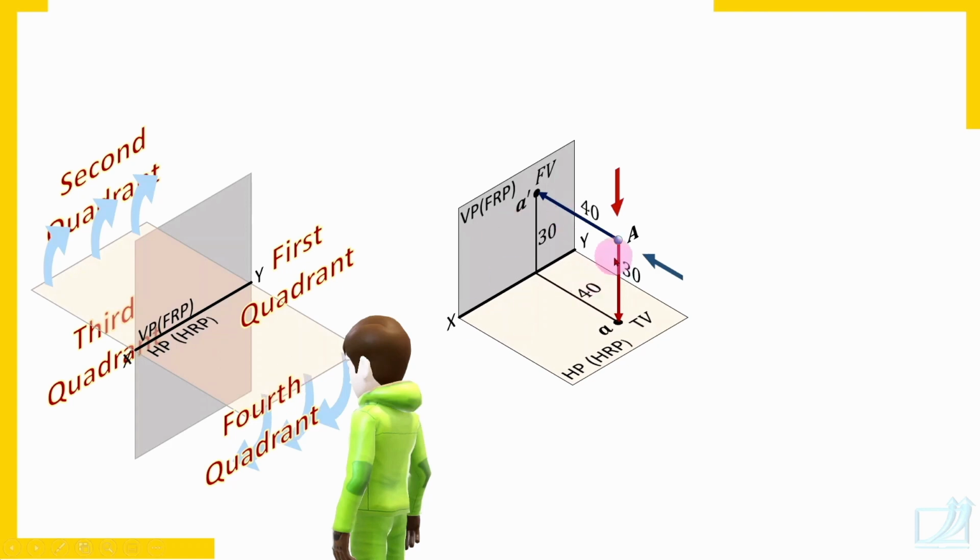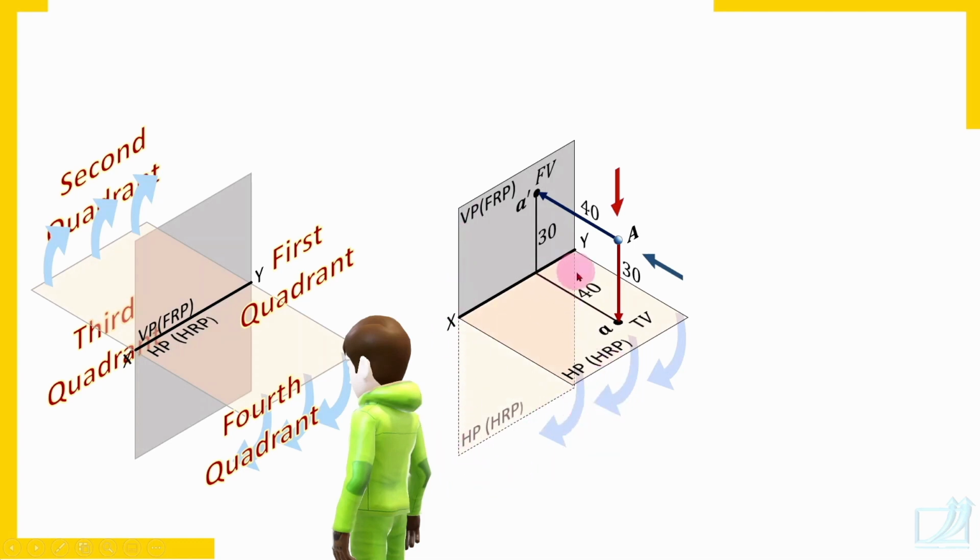Watch here. Point A is in first quadrant, and as I told you, first quadrant is imagined to be opened. So we'll open that first quadrant. So rotate this portion of HP about XY line so that HP moves and comes in the plane of VP. So this is how now HP is in the plane of VP.